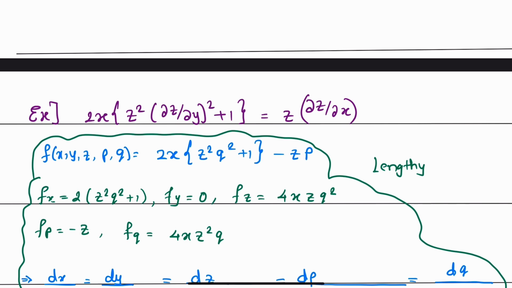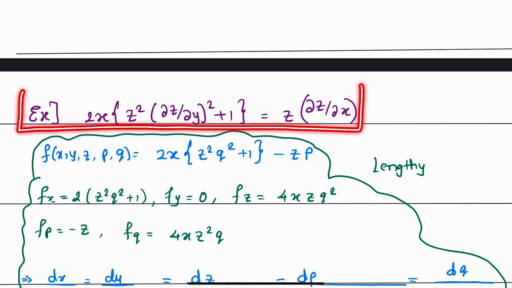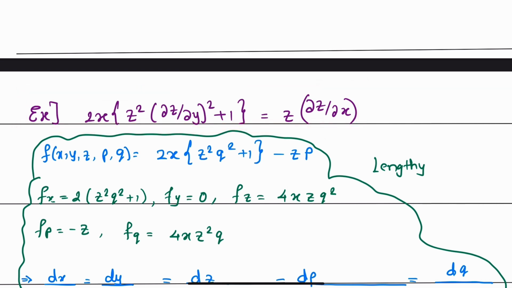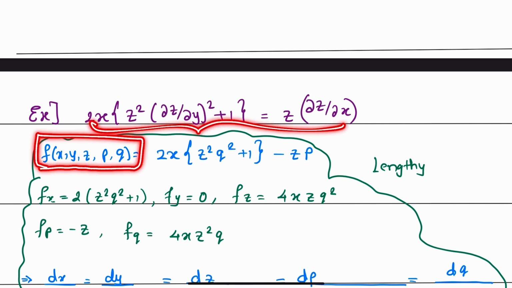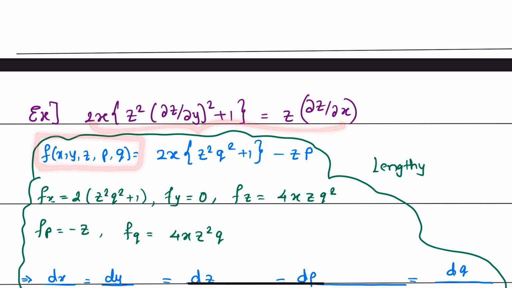I'll show you how. Let us say we are given this particular equation, and we are asked to solve this partial differential equation like we did yesterday. If we write f of this particular given PDE, what will we write?